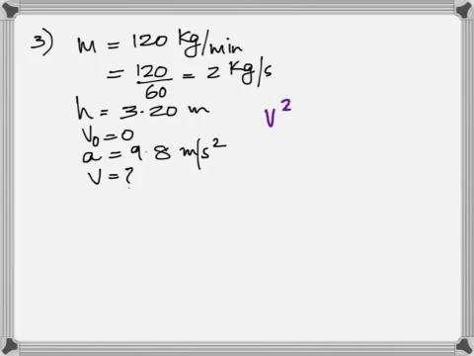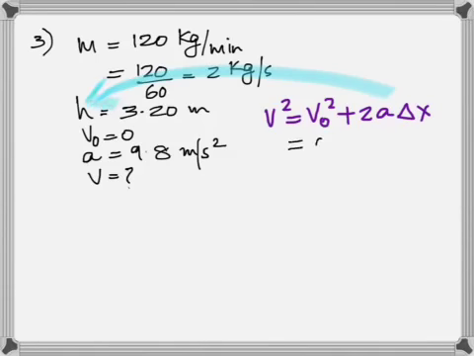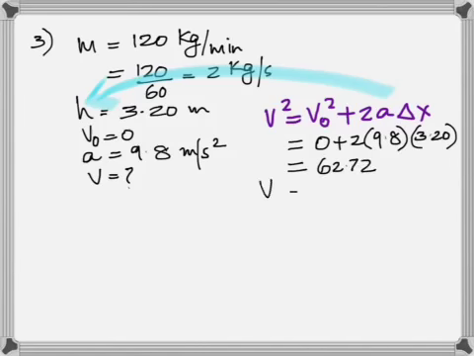And we can find the final velocity using v squared is v naught squared plus 2a delta x, and delta x in this case is h. So that's 0 plus 2 times 9.8 times 3.2, and that is 62.72, and the square root of 62.72 is 7.92 meters per second.